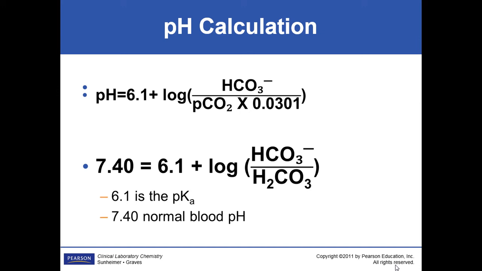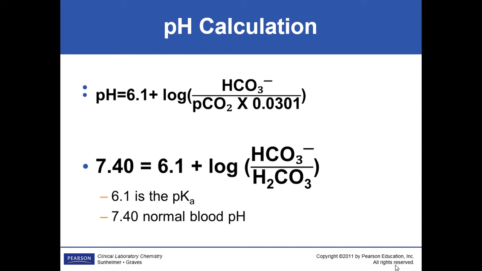So we're slightly basic, normal pH. And we have a very, very small window in which the human body can function. Once we get outside that small window, then we start having problems. So this is actually what you need to know, this part over here.